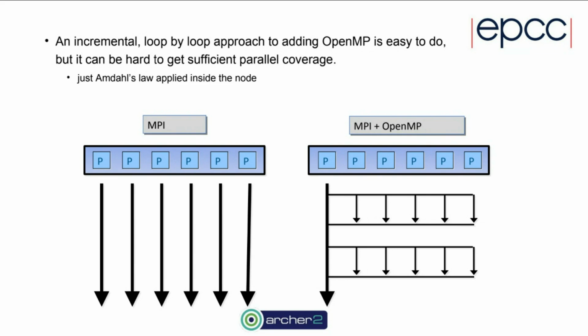Whereas with the MPI code you had fully parallel code, in the sense that you've got multiple processes all doing their own thing, in the hybrid code you may have parts of the code where only one thread is executing, and the other cores are therefore idle for a bit. That's just the sequential code type of overhead that I talked about last time. But it's possible that this is more of a problem because we're working within the constraints of an existing parallel design. That's all we're trying to say here.